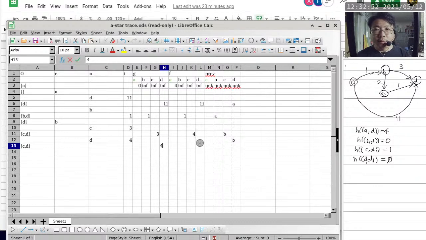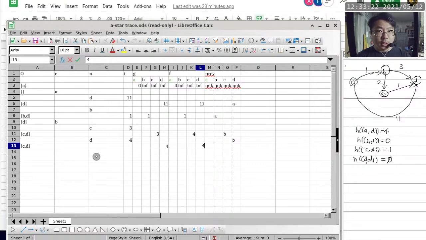Then we also have to update the f value of the same vertex, which is the g value of that vertex plus the heuristic of that vertex to the destination. Well, guess what? We are looking at vertex D, and it is also the destination. So the heuristic function is guaranteed to be 0. So 4 plus 0 is also just 4 right there. And we are now done with the last iteration of the for each loop.